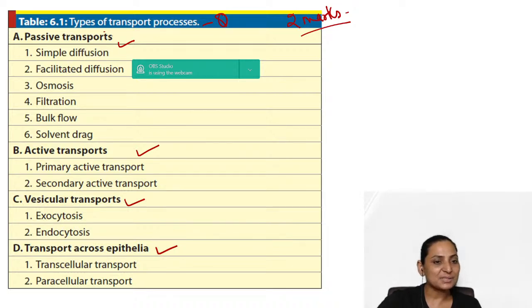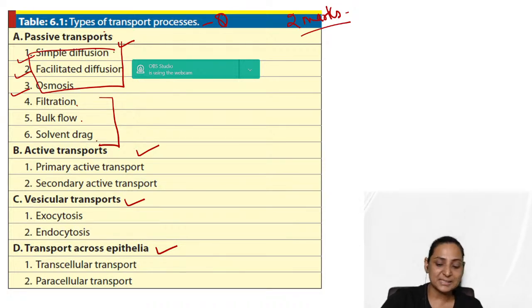So the passive transport includes simple diffusion, facilitated diffusion, osmosis. These three compulsorily you should remember. If you are able to add, you can remember filtration, bulk flow and solvent drag. But these obviously you need to remember. Again, these are must-know competencies, I could say. The active transport is classified as the primary and the secondary active transport mechanisms.